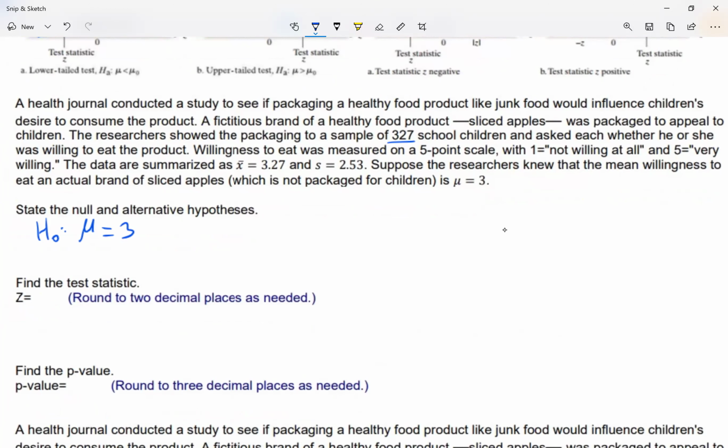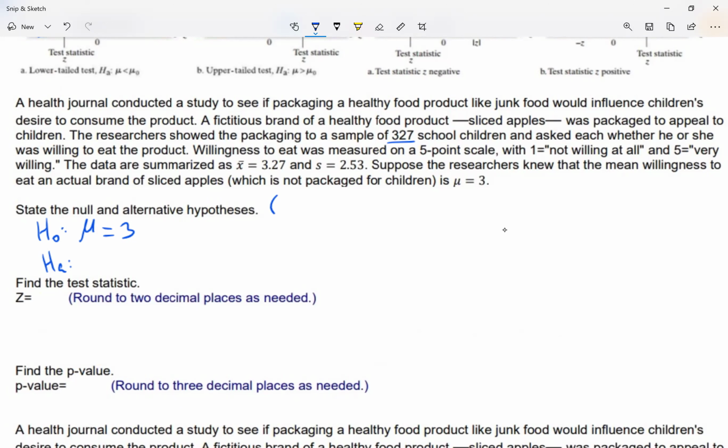Now, my alternate, in this case, on the notes, I didn't say which alternate I want to check. I didn't tell you guys whether it's a 1-tail p-value or 2-tail p-value. On the homework, I will. So let's just say that I want to check if my packaging, what I'm looking at here, is greater than 3.